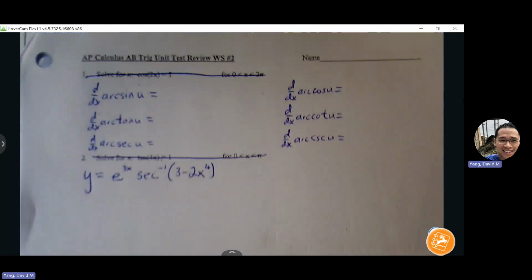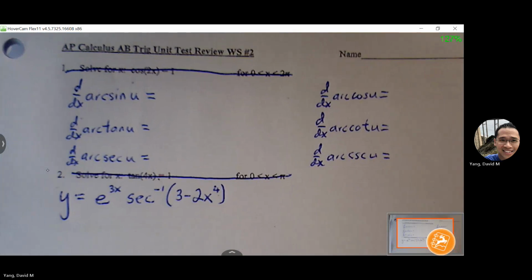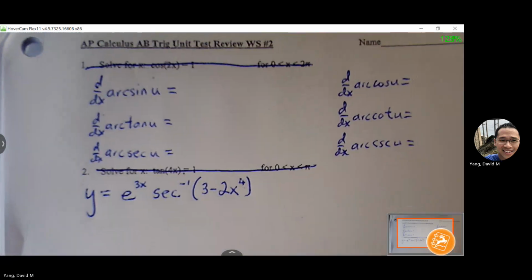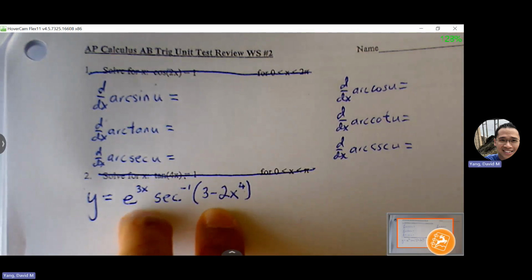Right, let's go to the top of page 3. I'm going to skip those 2 problems, but we can cross off 1 and 2, and I want us to practice our inverse trig derivative rules, and then see if we can try to find the derivative for number 2.